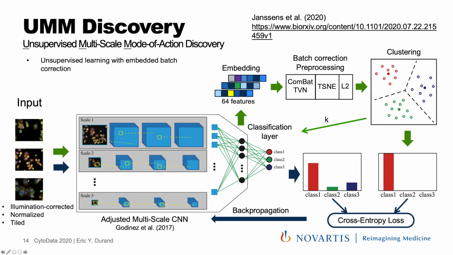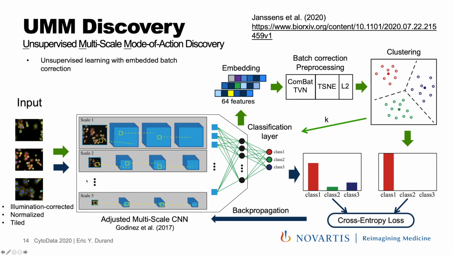We use it for extracting embeddings, and then for our pre-processing during training we do ComBat and TVN, then we apply a t-SNE dimensionality reduction before doing an L2 normalization. We use an adjusted k-means clustering algorithm. And on the input, we do an illumination correction and a Z-score normalization, and we tile the images.